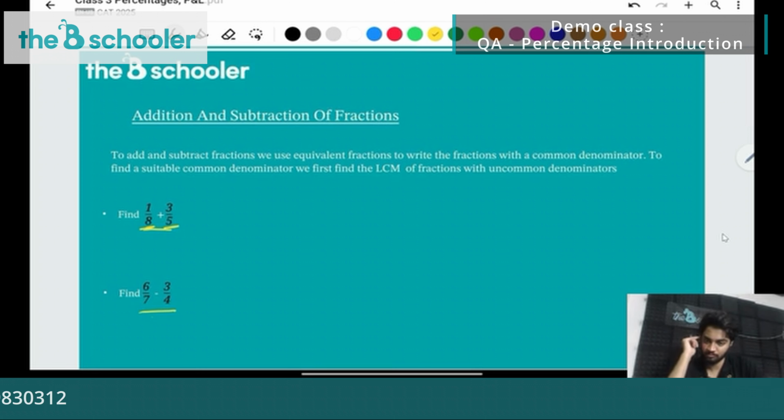So you will get the first fraction as 7 into 4 has to be done. So it will be 6 into 4, which is going to be 24 by 28, minus 21 by 28. So when you do this, you get 3 by 28. Is that clear?